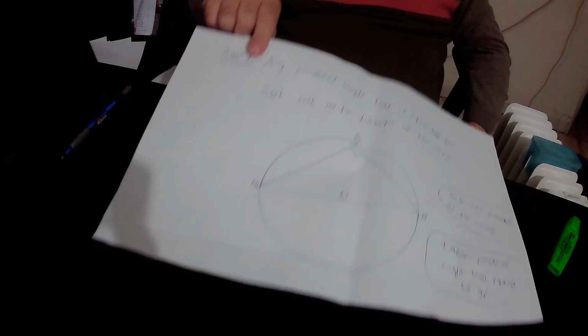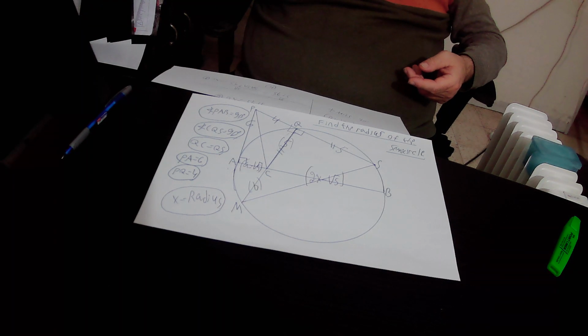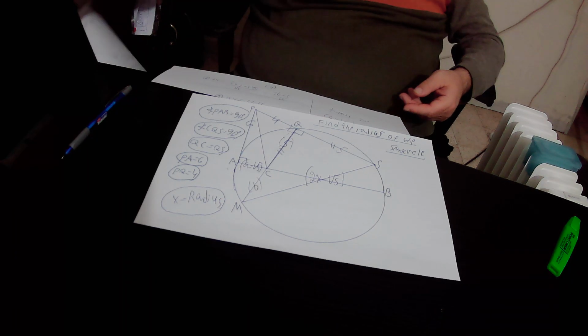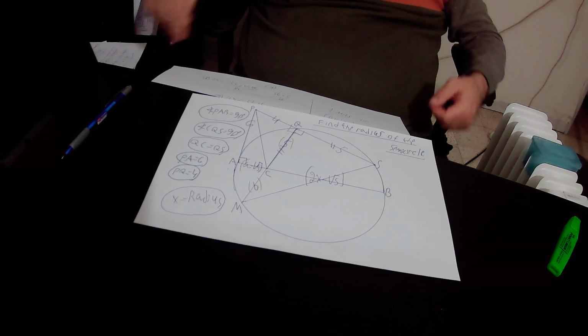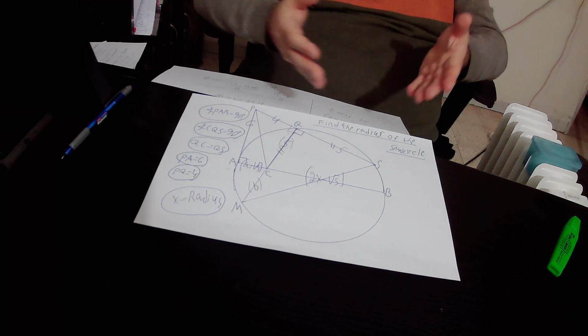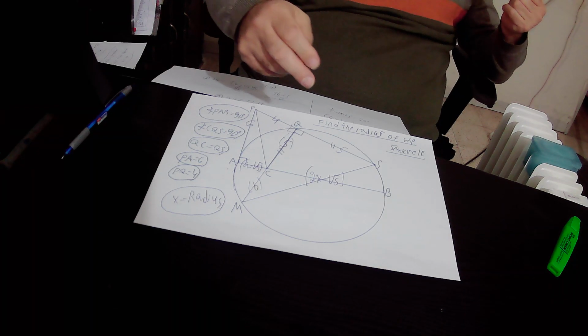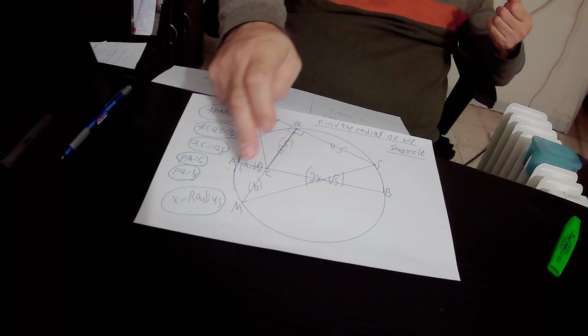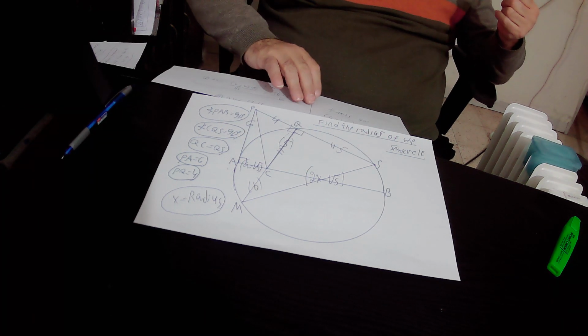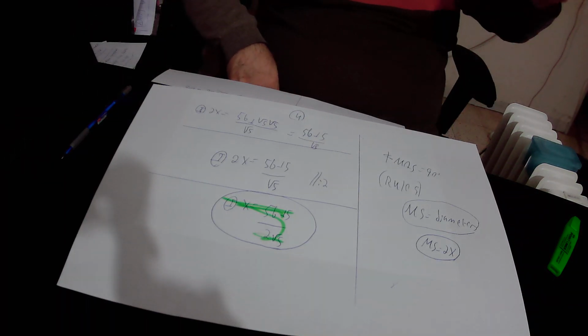So we can implement rule number 5 in our drawing. Why? Because we have peripheral angle MQS equal to 90 degrees.